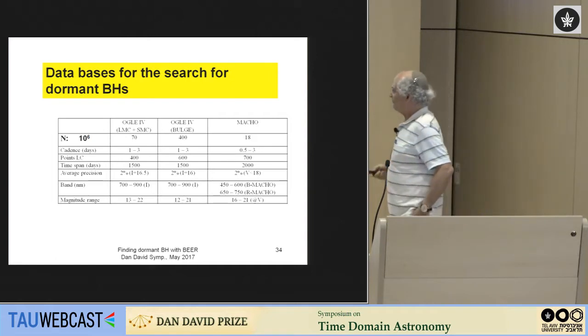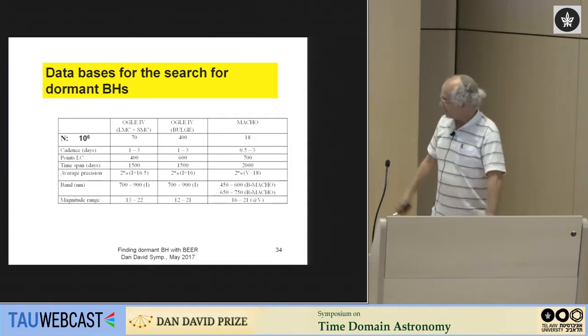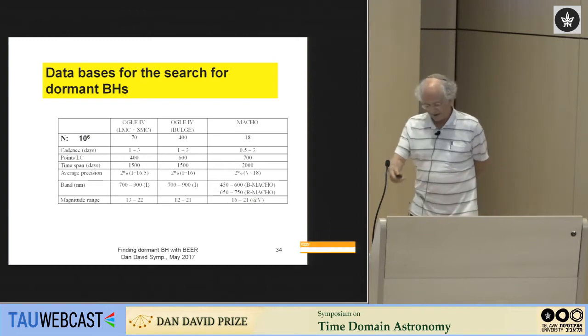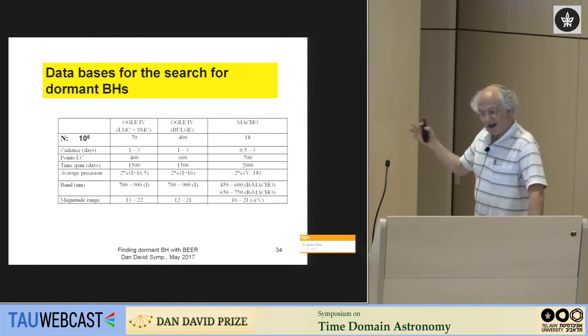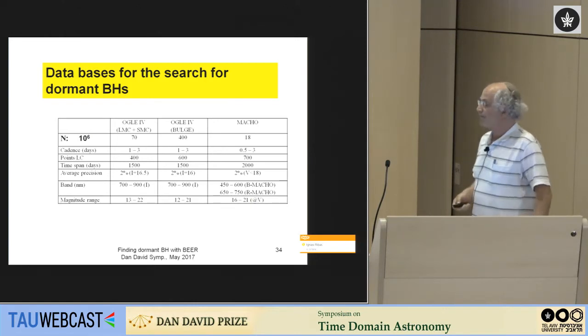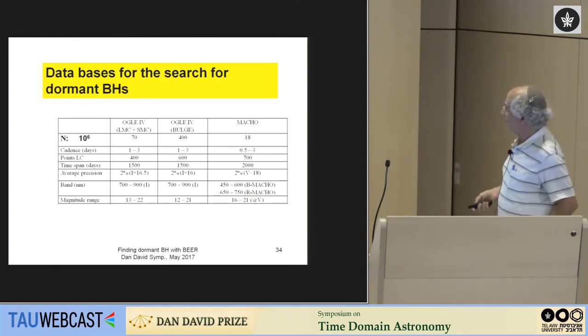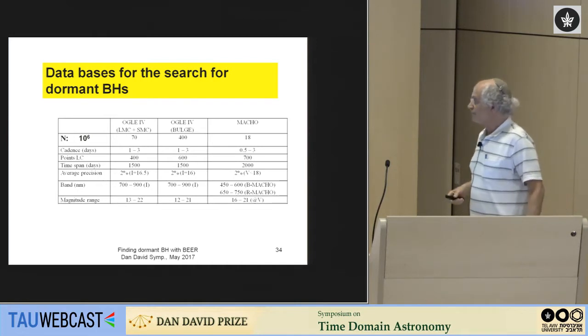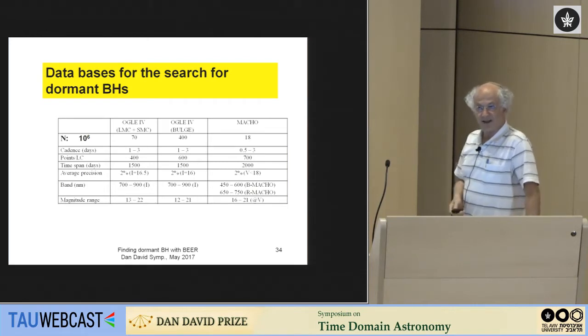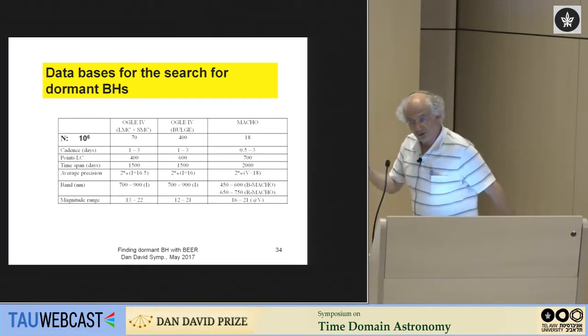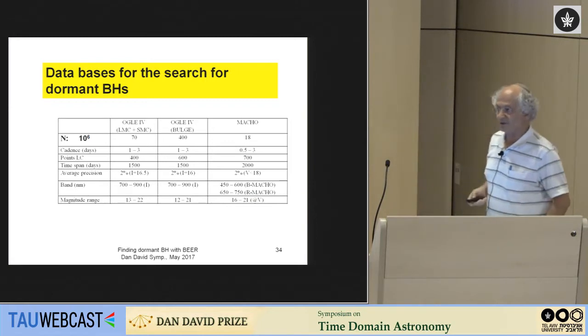So luckily enough, as Shri discussed, it's a big data phase of astronomy. So we have available many millions of light curves to analyze, including, of course, OGLE on the LMC and SMC, and the bulge that have 70 million, and the bulge has 400 million stars. You should analyze them and identify the good candidates, and then after identifying them, you should go and observe them and confirm that you found the black hole.